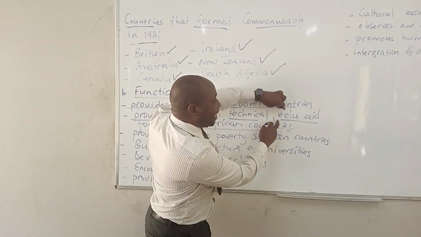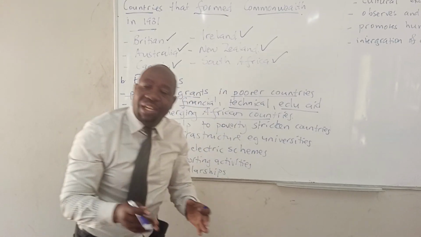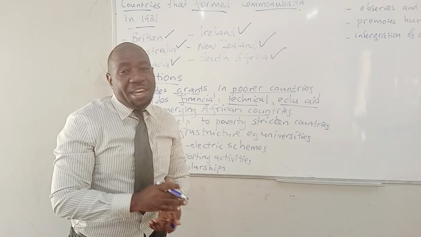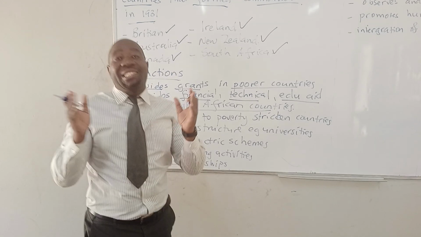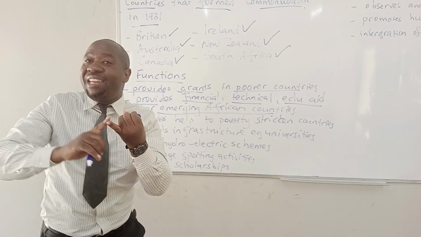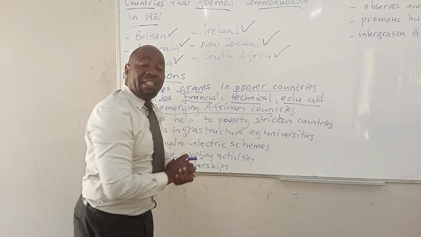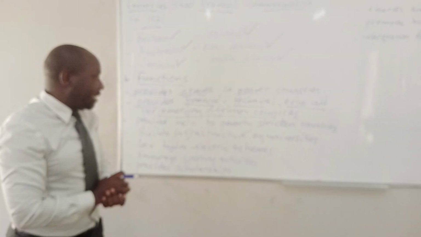It also provides educational aid to African countries. So we are seeing that the Commonwealth plays an important role in assisting African countries financially, in terms of education, and also in terms of technical assistance.